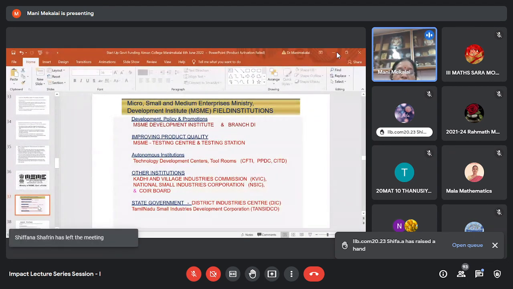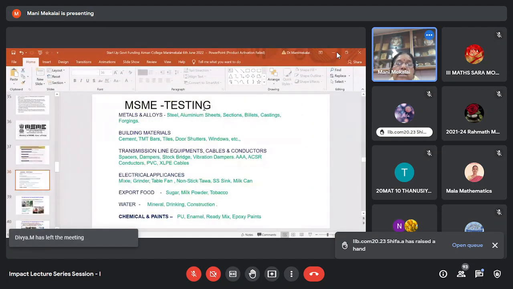There are other organizations associated with MSME, like the Khadi and Village Industries Commission, National Small Industries Corporation, the Coir Board, etc. And of course, the District Industry Center is the next major nodal department. MSME testing facility is also available. I have given the areas.